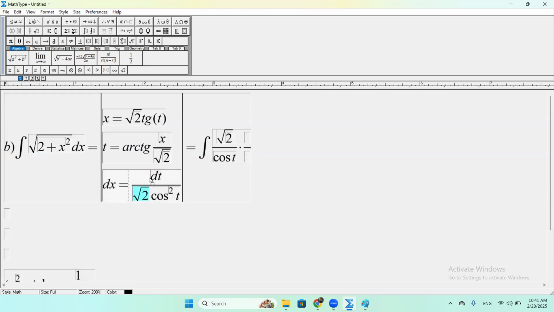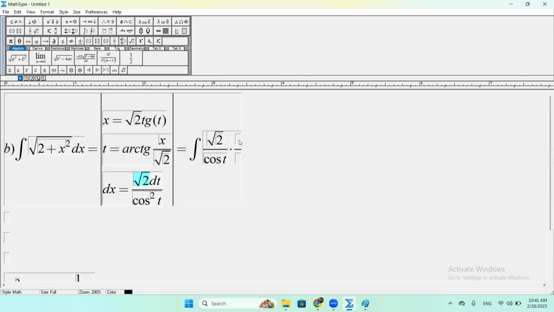The square root of 2 in the numerator must be there, my bad. This is the expression which was under the root, converted to this expression, and here is dx. So we received a new integral.